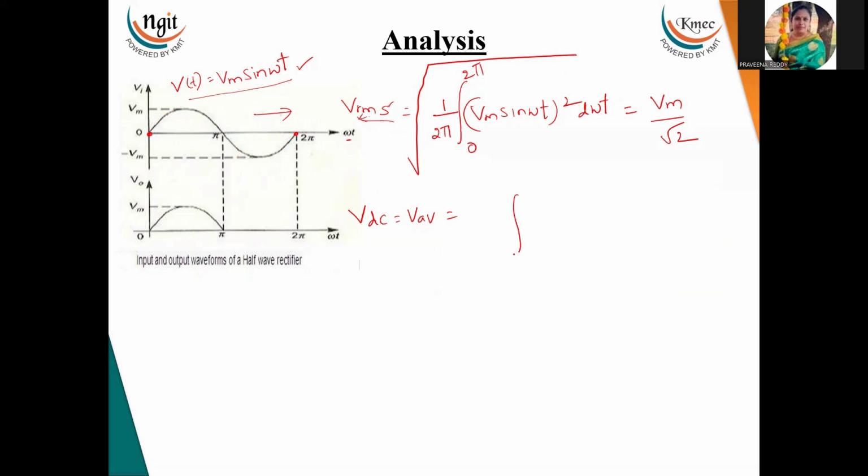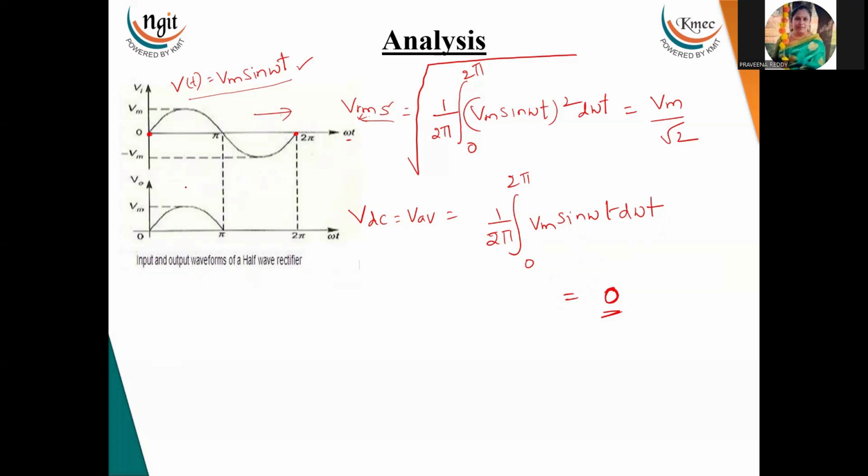If you take the average, Vm sine omega t from 0 to 2 pi, 1 divided by 2 pi, integrating with respect to d omega t, and calculate this, then we get 0.